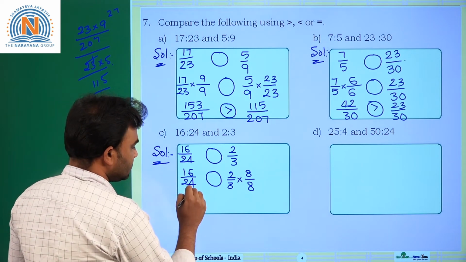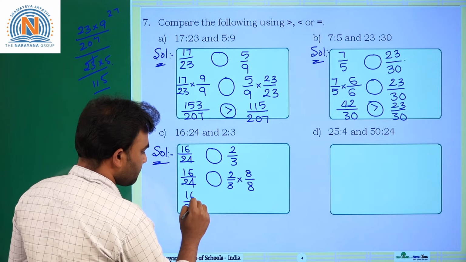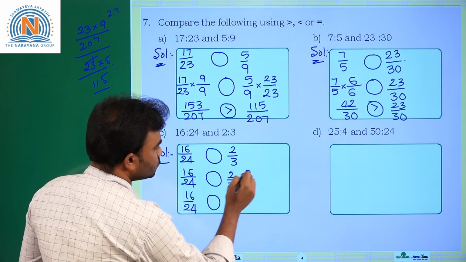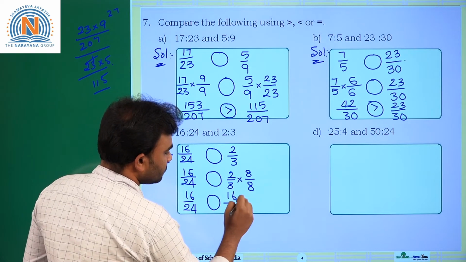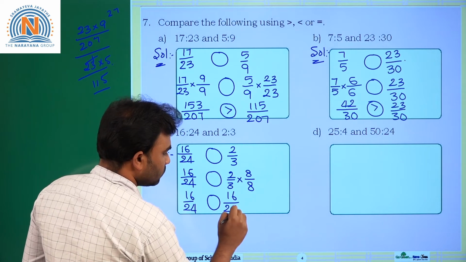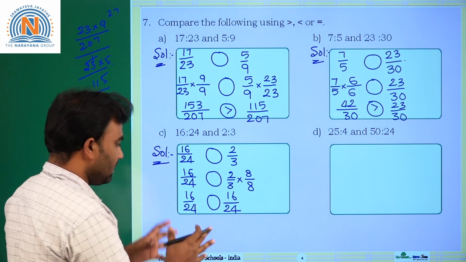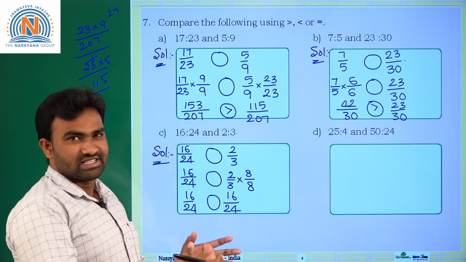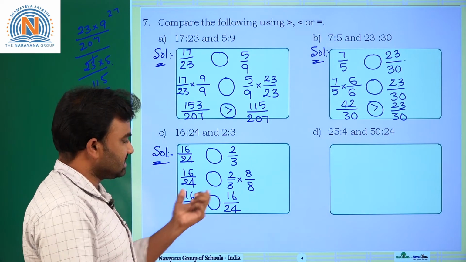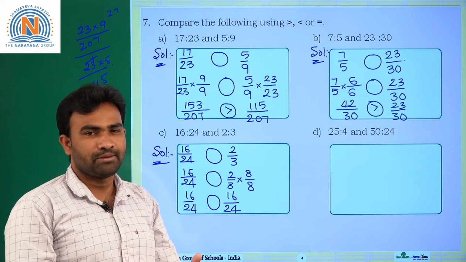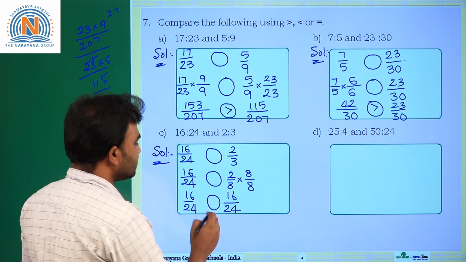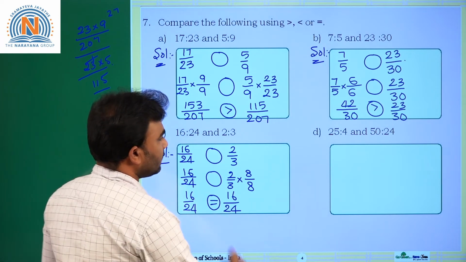Now 16 by 24, and 2 8s are 16, 3 8s are 24. Both denominators are equal, so we can compare easily. Now in the numerators, 16 and 16, both are 16, right? Same number, so both are equal.